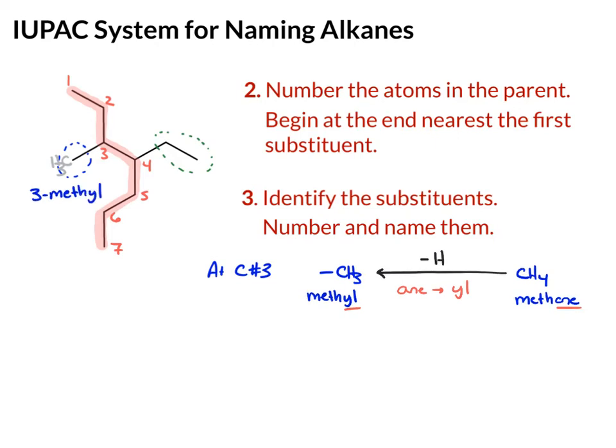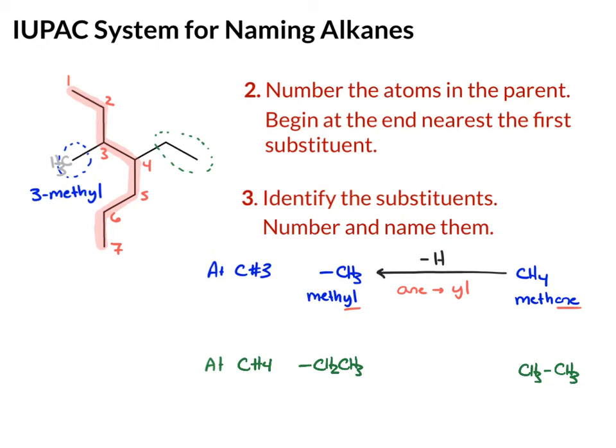Then at carbon 4, we have a CH2CH3 group. So we have the attachment to the parent, CH2CH3. What does that correspond to in terms of our alkanes? If we add one more carbon, we get the 2-carbon chain, CH3 bonded to CH3.